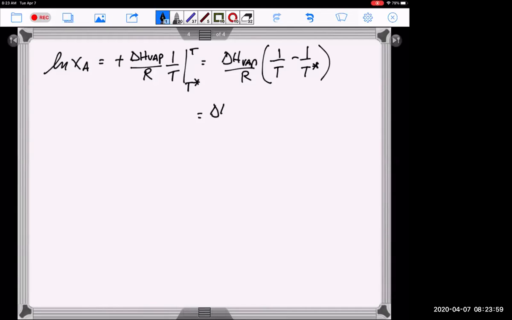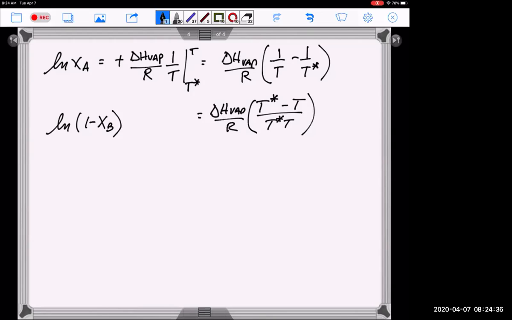Number one, we can put in T star minus T all over T star T. So we just change the difference there to make it a common denominator and put it in a form very similar to what we saw before with our pure substance when we look at Clausius-Clapeyron. And then here, we're going to change to the solute.